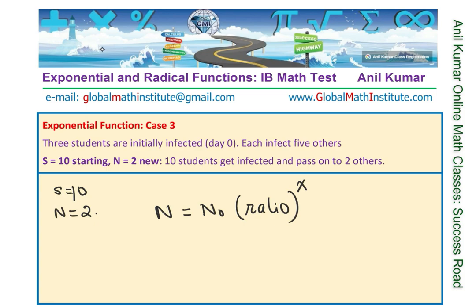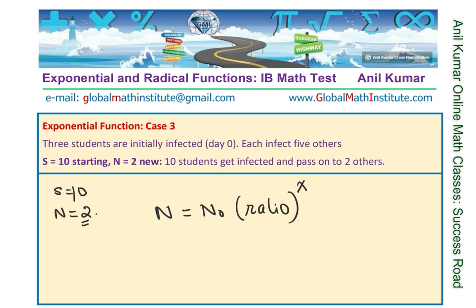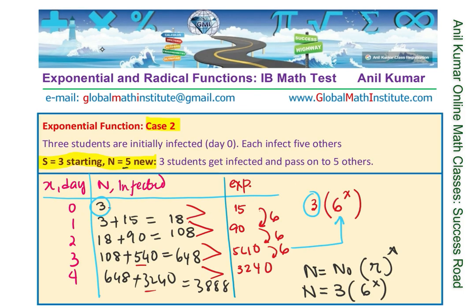Correct. So you could actually take some values or estimate from what we just did. You get the idea, right? Since 2 are being infected by each, the ratio is 2 plus 1, which is 3. So the ratio normally relates to this number. If you go back to our second example, we see that new infected was 5, and therefore the ratio was 6.